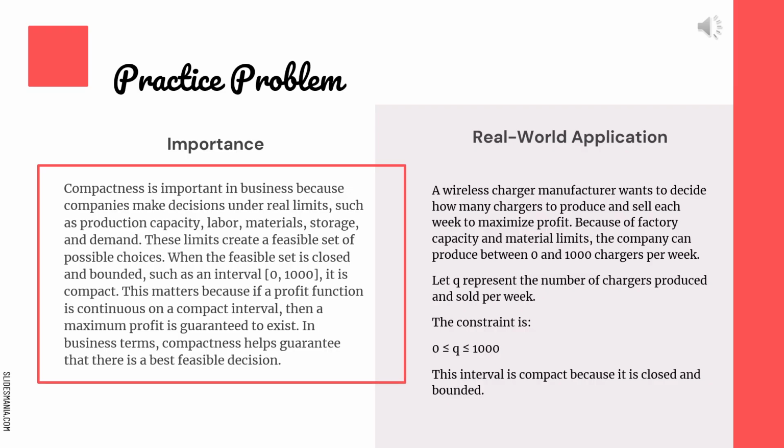Our constraint would be that the amount of chargers Q will be greater than or equal to 0 and less than or equal to 1,000. This interval is compact because it is closed and bounded. So that's how we would apply it in real life.